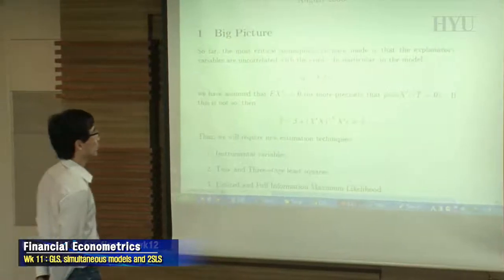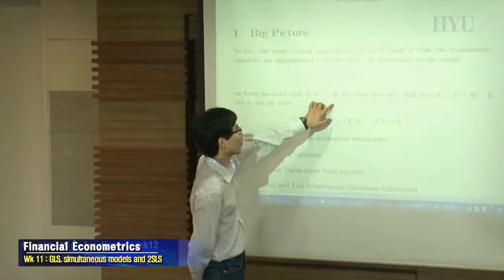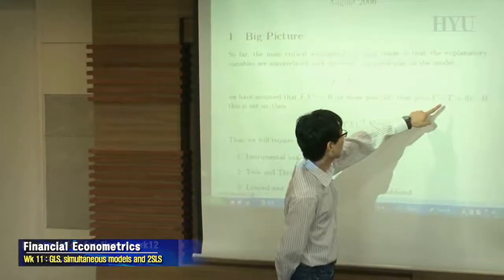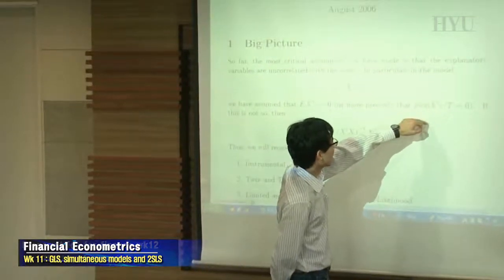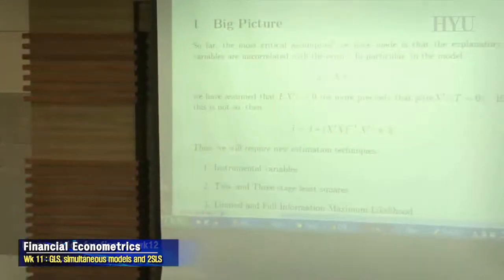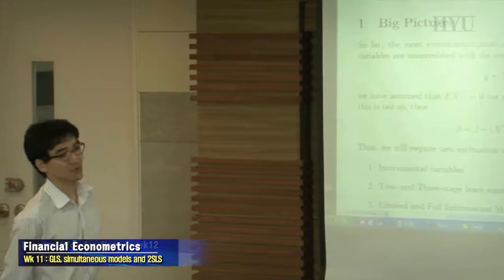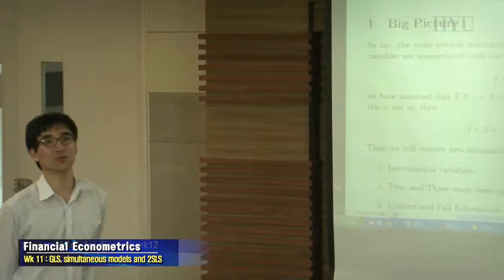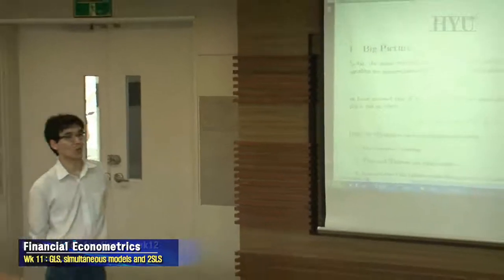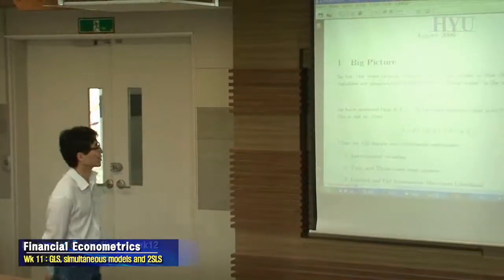The cross product E[x prime epsilon] is 0. Or more precisely, that the probability limit of x prime epsilon over T is equal to 0. But if this is not true, then basically our OLS breaks down seriously.